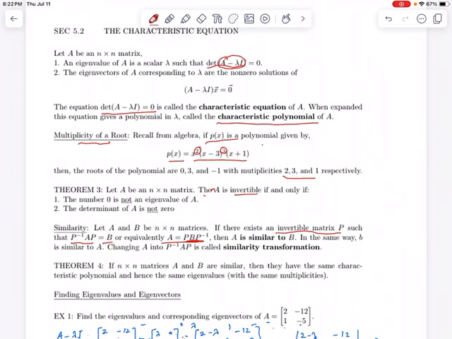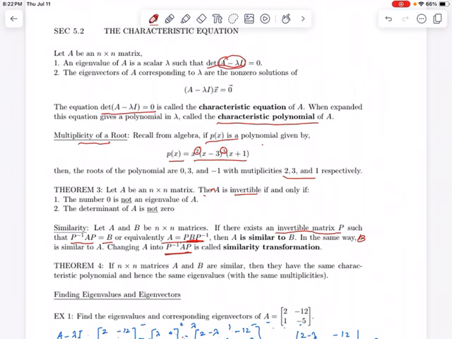In the same way, the B matrix is similar to A when you do this. Changing A into the B matrix like that is called a similarity transformation.